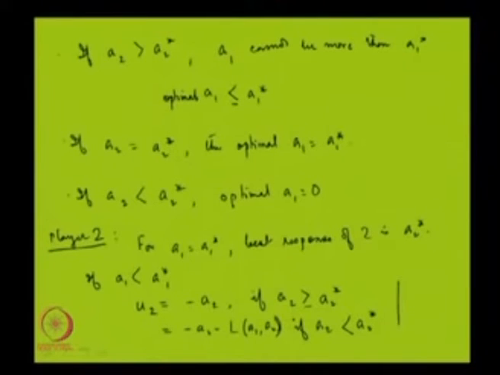This is the payoff function that we are considering. At A2 star this is being maximized. And that is what we wanted to prove, that if player 2 takes the action A2 star, the payoff that he gets is higher than any other payoff that he can get given different values of A2.